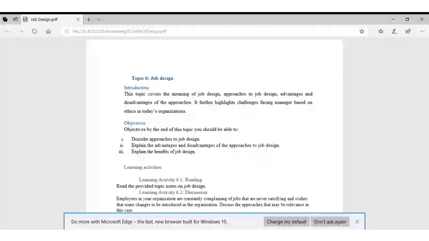Job design comes in after job analysis, which we did earlier. Oh, okay, sorry. My screen is not yet shared. Please find out on what we did last time, Rehab, if indeed we did job analysis and you are aware.